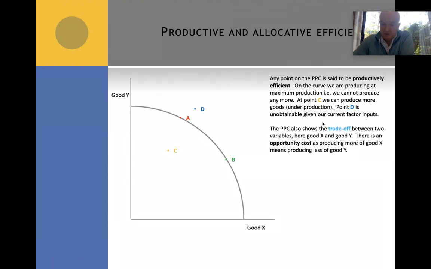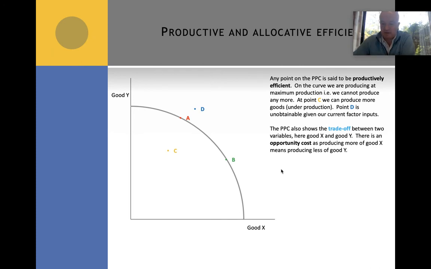Now, the other thing that it shows quite effectively is this trade-off. So the PPC, this production possibility curve, shows the trade-off between two variables. In this instance, we've listed them as good X and good Y. So we can either produce at this level of good X, or we can produce at this level of good Y, depending on how we choose to produce, and the levels of resource we have available have to be allocated in a certain way.